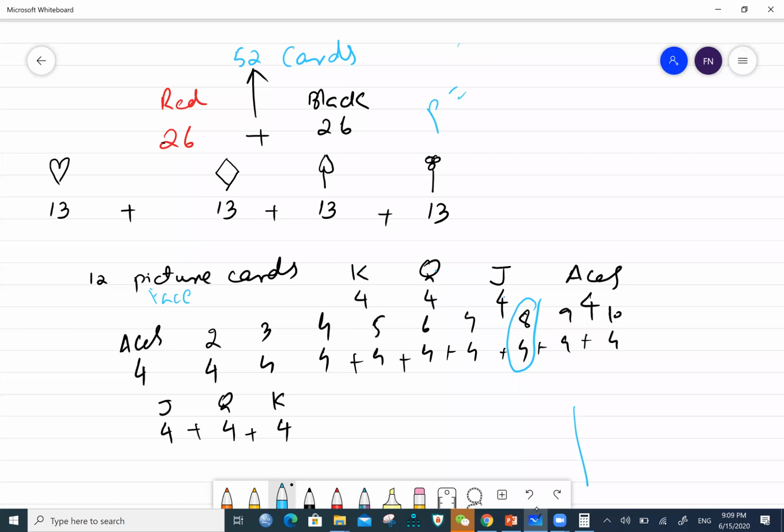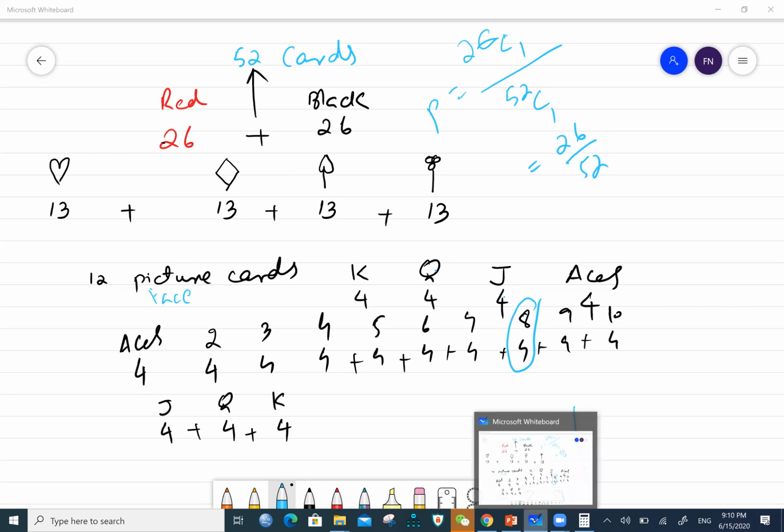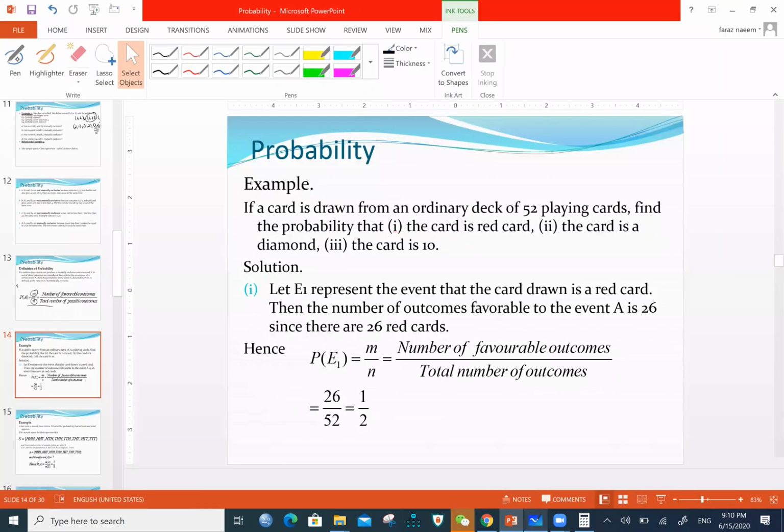So the probability is 26C1 out of the total 52C1. Is that clear? So it is 26 over 52. If you take 26C1 over 52C1, that is 26 over 52. Like here you can see, 26 over 52. Is that clear?